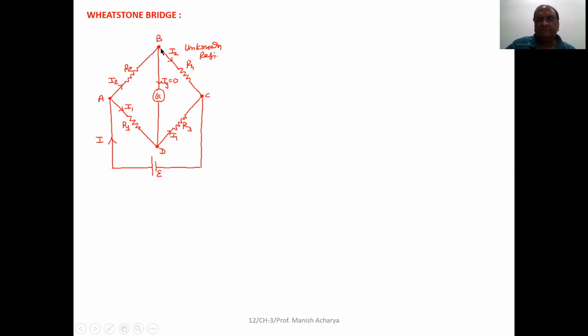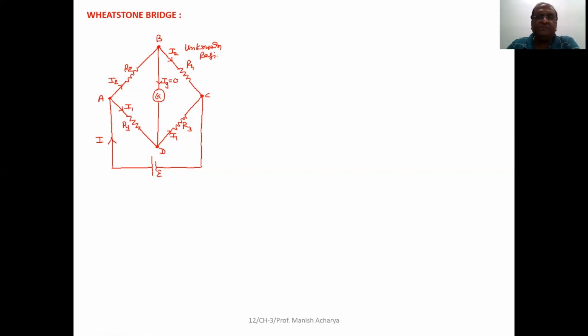Then after, between two diagonally opposite points, here between B and D, a galvanometer is connected, and between two remaining diagonally opposite points, battery is connected. So this particular circuit prepared in this way, that is known as Wheatstone Bridge circuit.